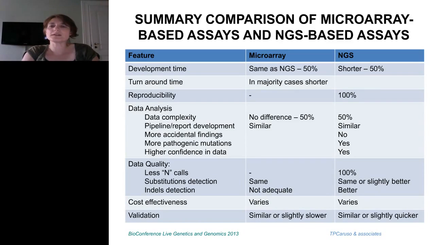The reproducibility was highlighted to be definitely much better on next-gen sequencing. Turnaround time was, in the majority of cases, shorter for microarrays. When it came to data analysis, really the differences were in fewer incidental findings, but more pathogenic mutations detected. And also, people noted that they have higher confidence in the data that comes through.